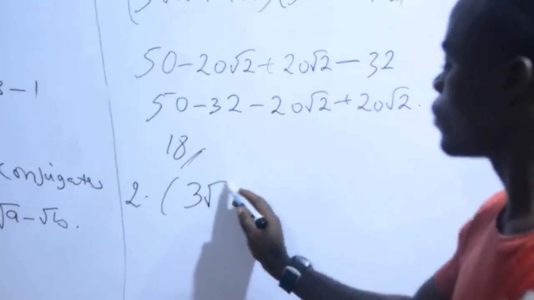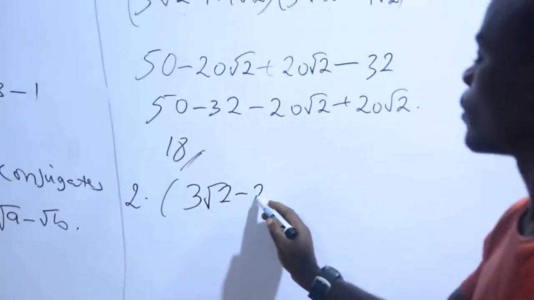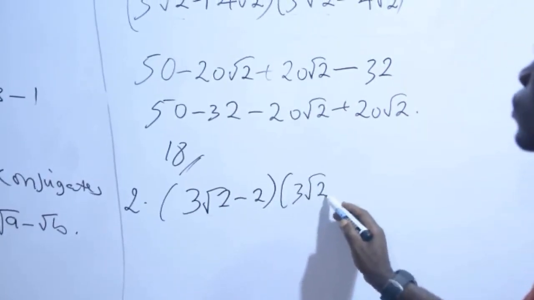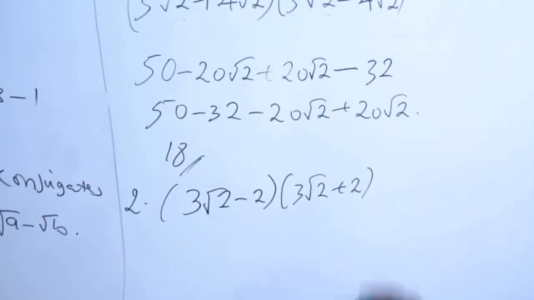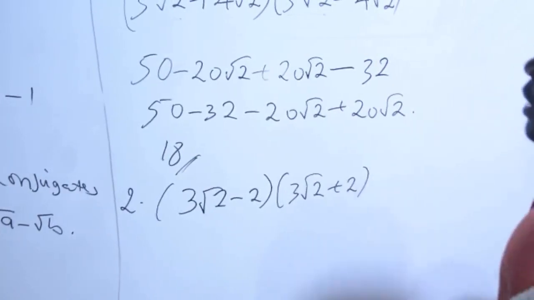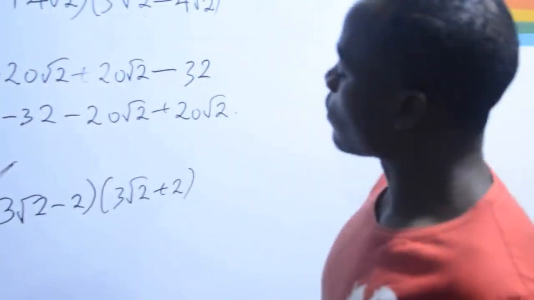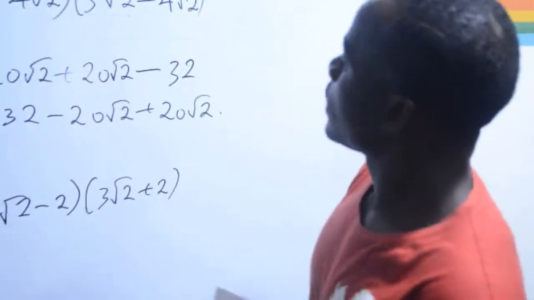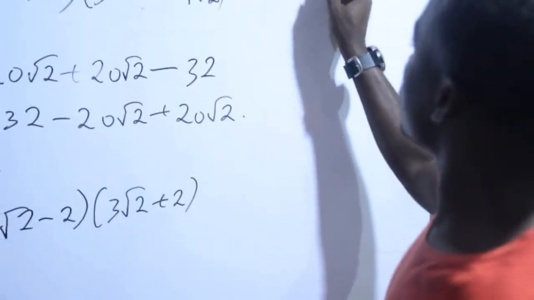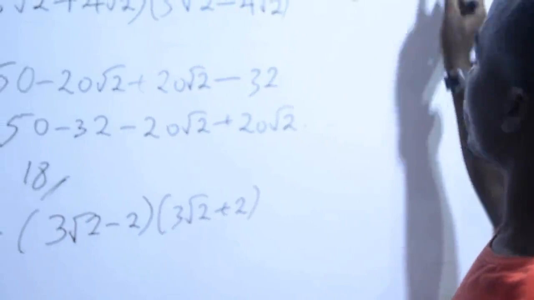So you have 3 root 2 minus 2 into 3 root 2 plus 2. Now, before we proceed, I just want to give you a shortcut here. If you observe these examples that we've considered so far, if you check, this 50 is the same thing as saying 5 root 2 all squared.